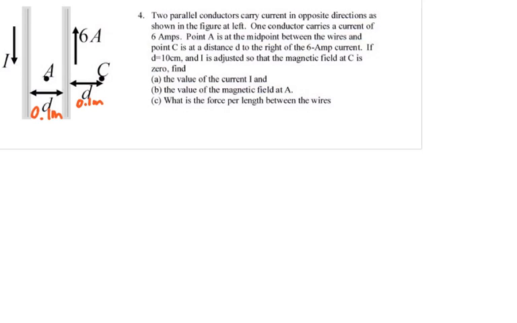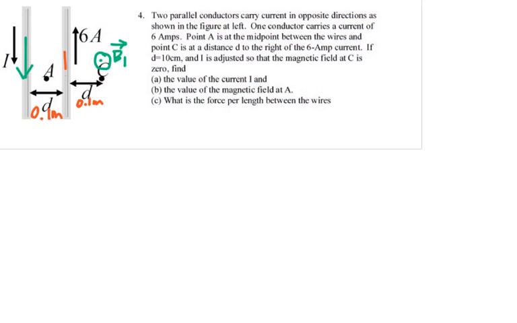And we have no net magnetic field at point C. Now if we use the right-hand rule from wire number A, we have a current coming down like this, and if you point your thumb in the direction of that current, your fingers will be coming out of the page to the right of that wire. So at point C, we will have a magnetic field that's called B1 that is coming out of the page.